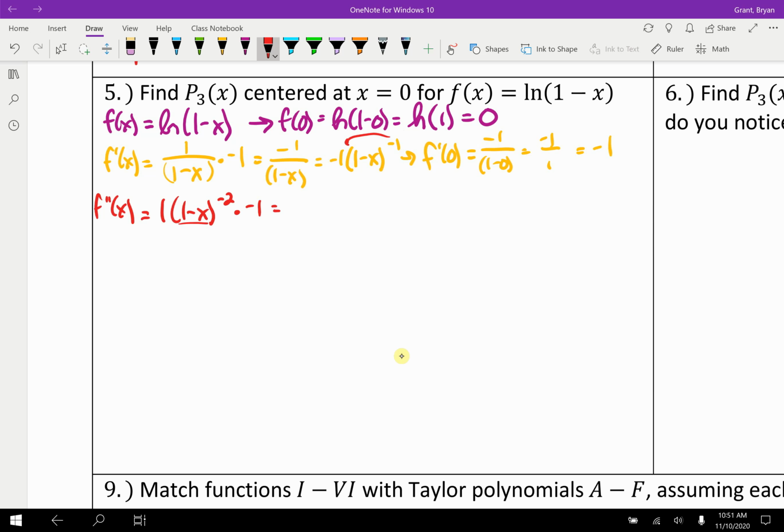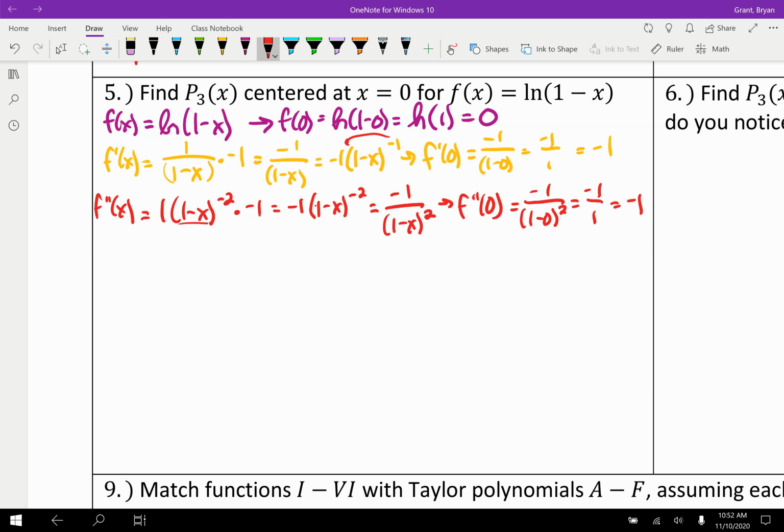So again, I'll move the negative 1 to the front. It becomes negative 1 minus x to the negative second, or negative 1 over 1 minus x squared. All right, now f double prime of 0, I'll probably use this last guy over here. So it becomes negative 1 over 1 minus 0 squared, negative 1 over 1, which is negative 1.